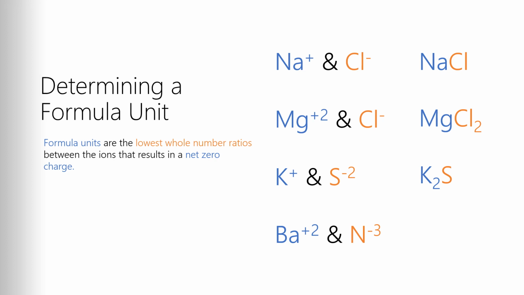If I have a plus 2 and want a plus 6, I multiply by 3. I have a minus 3 and want a minus 6, so I multiply by 2. Therefore, my formula is Ba3N2. Now I have plus 6, minus 6, total charge is 0.